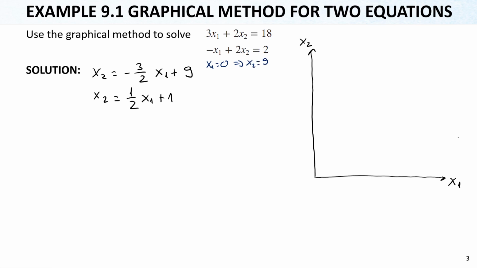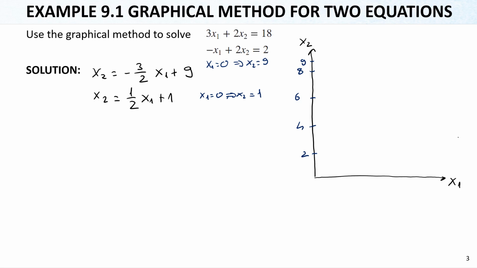And for the second one, if x1 is 0, x2 is 1. We can simply start from 0. Let's write down some numbers here: 2, 4, 6, 8, and 9 maybe.